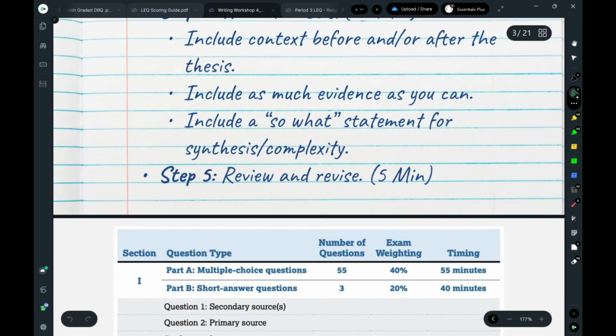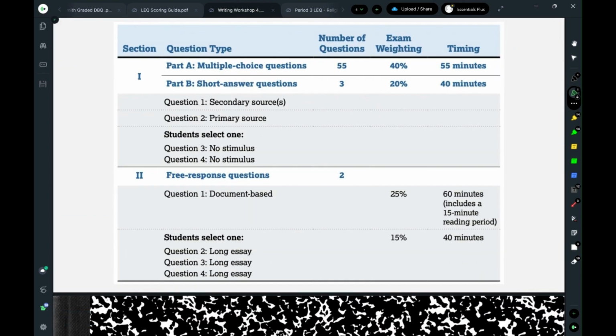But it's so crucially important because I'm going to show you again, right? You have 40 minutes to do the long essay question, and you have 60 minutes to do the DBQ. And the DBQ takes a long time. You're going to want those 60 minutes.